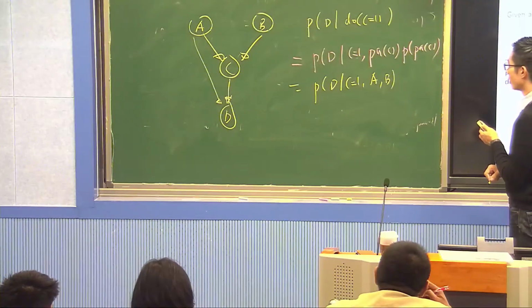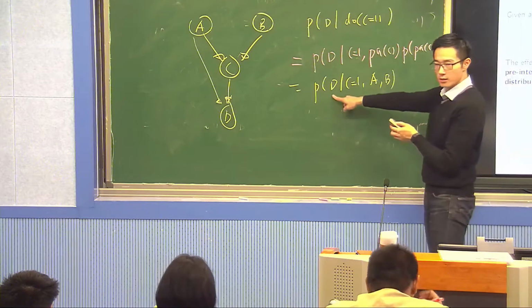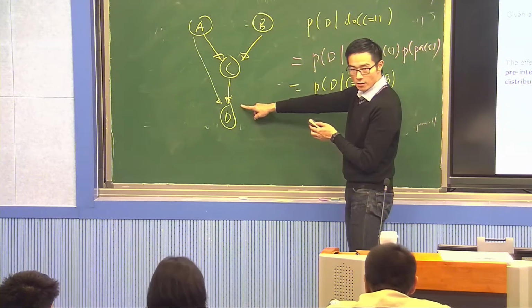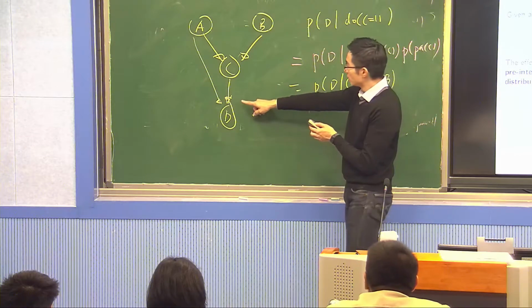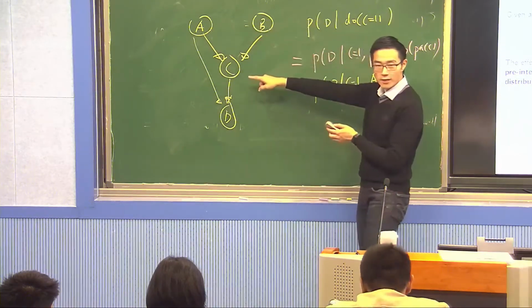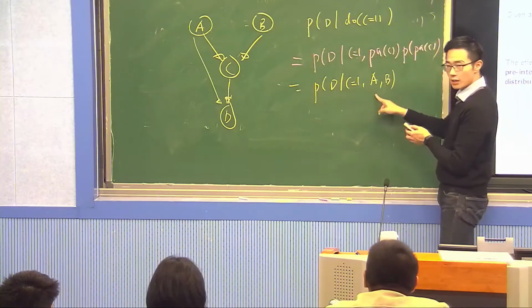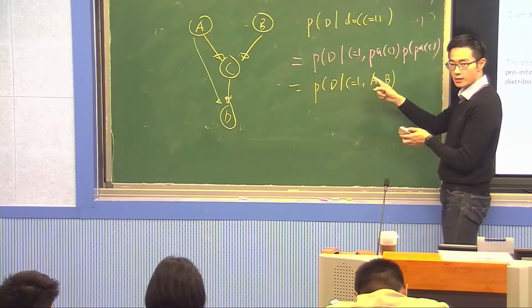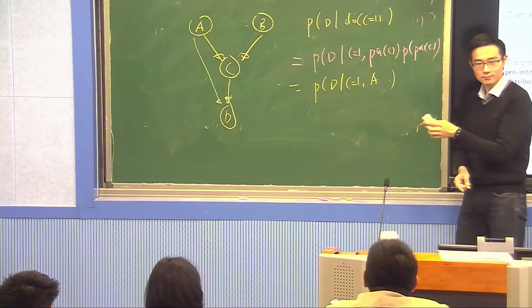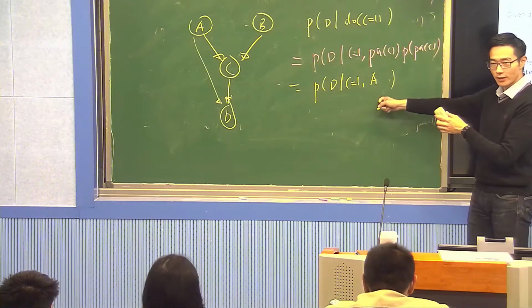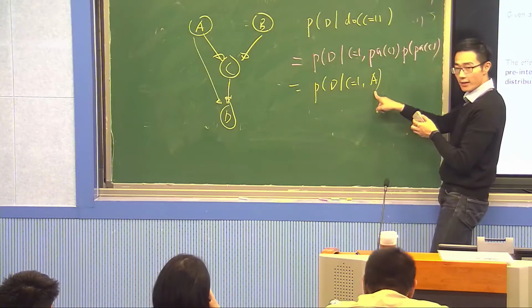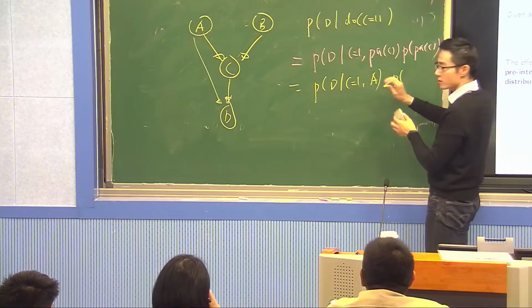Now, P(D | ...) using this graph, who are the parents of D? C and A. B is not a parent, right? So P(D | C, A, B) is equal to P(D | C, A). We don't need B, right? Clear? Okay.